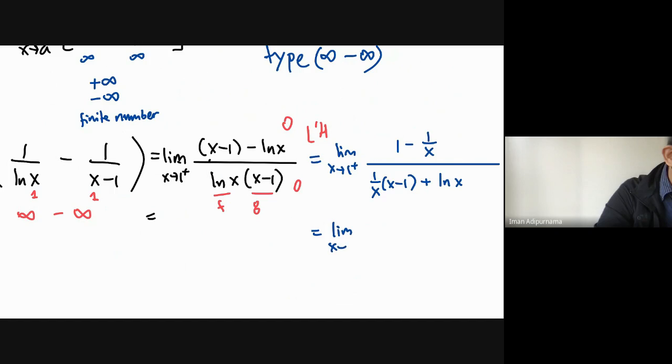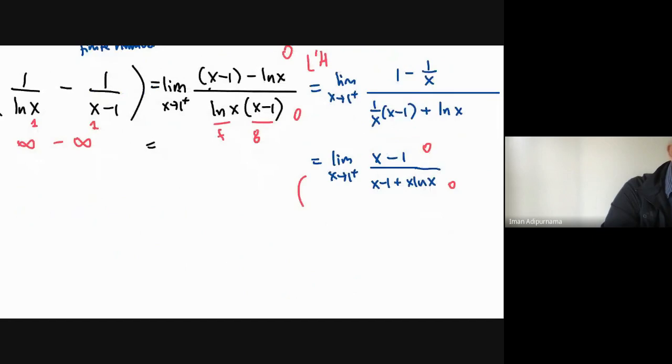And we can simplify one more time. This will be x minus 1, and this will be x minus 1 plus x ln x. And I think we still have 0 over 0 here. So again, we can apply L'Hopital's rule.